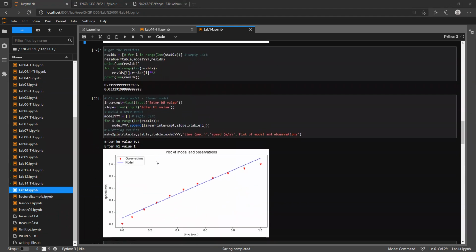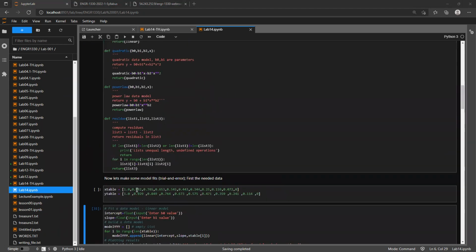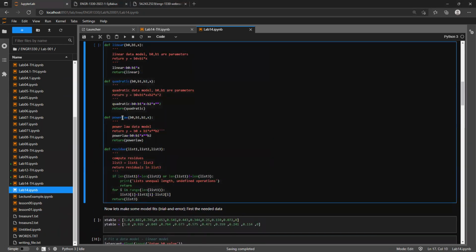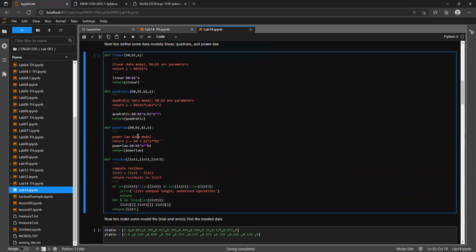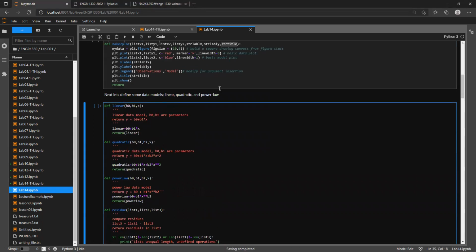And I think we're already pretty good. But regardless of the method you use, any method you use. So what is the linear method? Well, I'm trying to fit a line. What is the quadratic method?